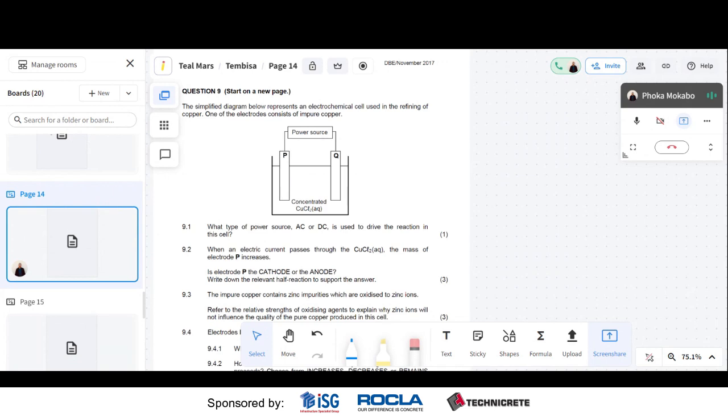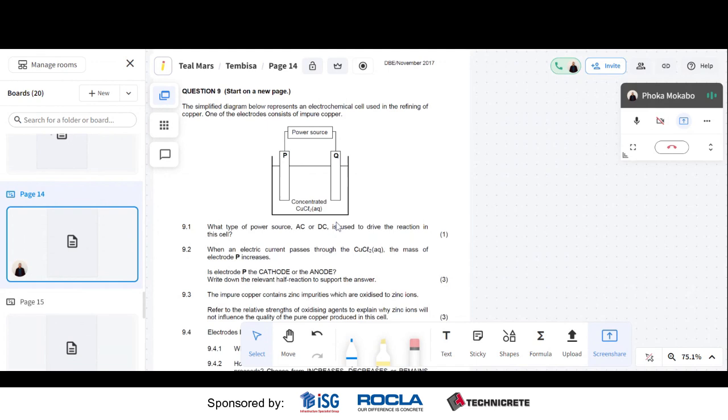Let us carry on with question 9. They ask, what type of power source, AC or DC, is used to drive the reaction in this cell?